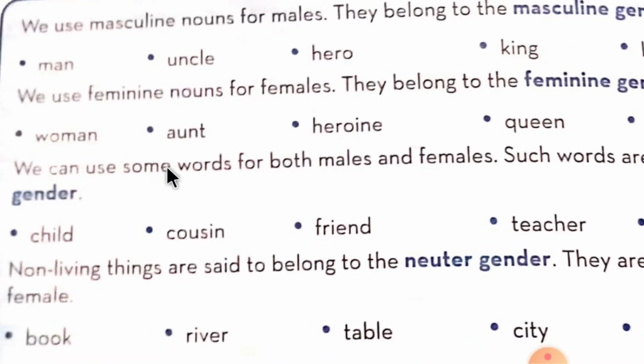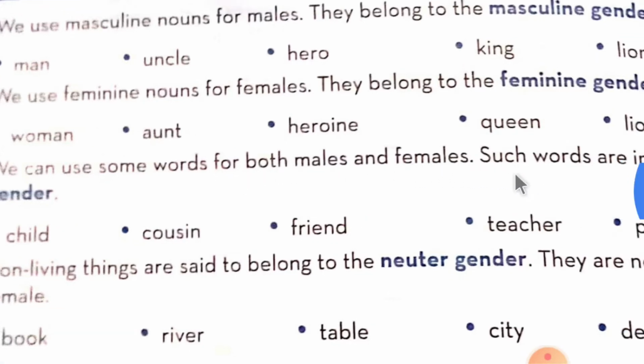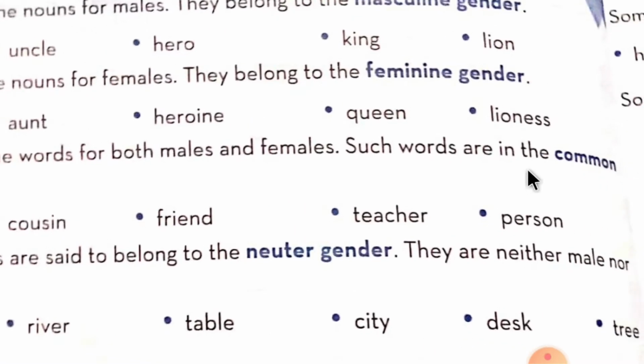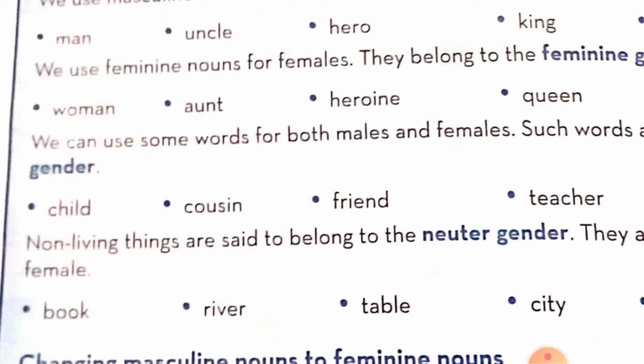Then we can use some words for both males and females. Such words are in the common gender. Which are they? Look here. Child: there may be a boy child and a girl child. Cousin: you have a cousin brother and a cousin sister.